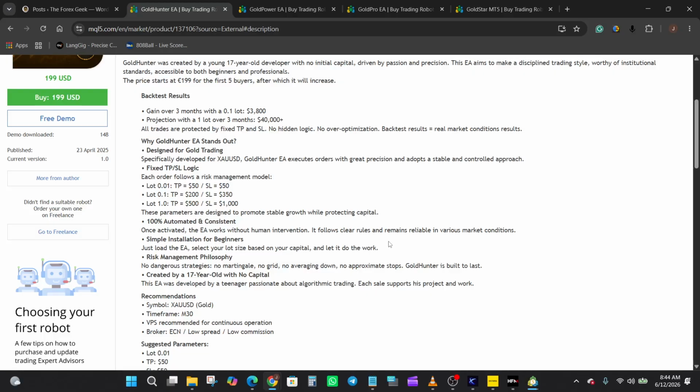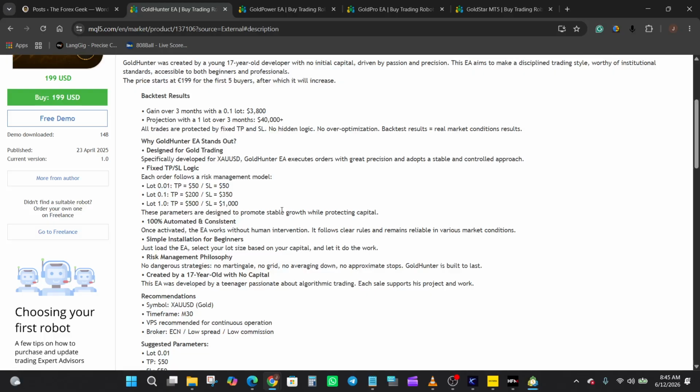is opened. The marketplace page provides several examples based on the lot size. For instance, a 0.01 lot configuration uses a TP and SL of $50, while larger lot sizes use proportionally larger targets and risk limits.